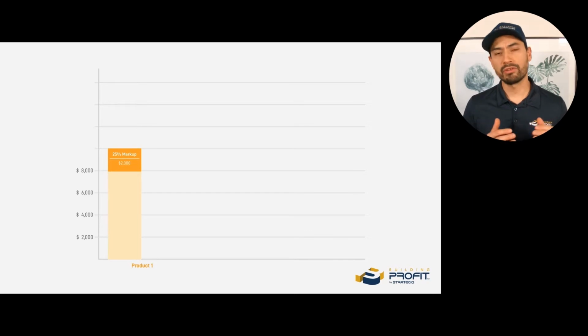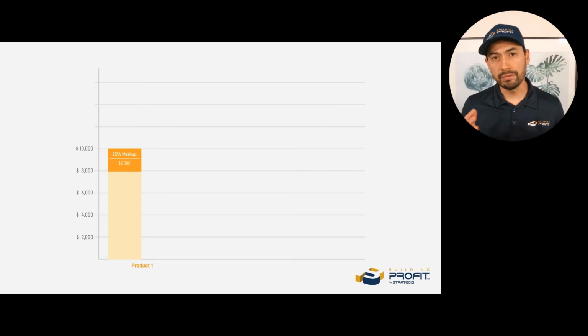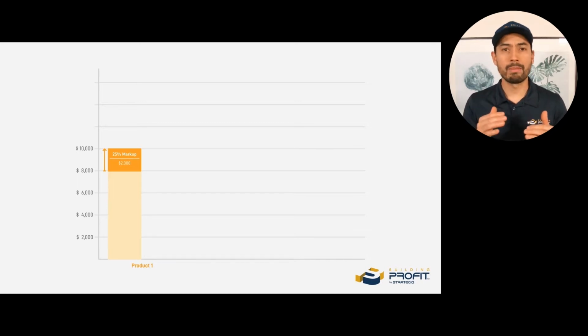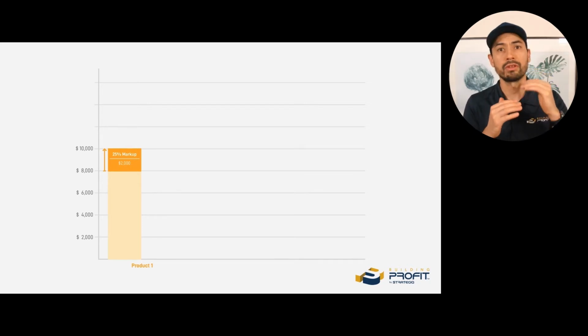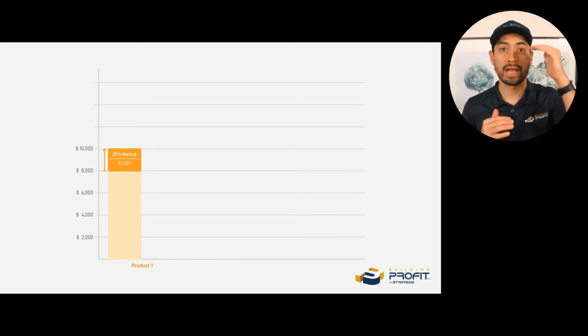Well, that 25% markup equates to about $2,000 on top of that, which gives us a total of $10,000, okay? And the way that we calculate markup is basically the $8,000 plus 25% of the $8,000, which is an extra $2,000. So we're calculating the $8,000 upwards, so that's markup, okay?